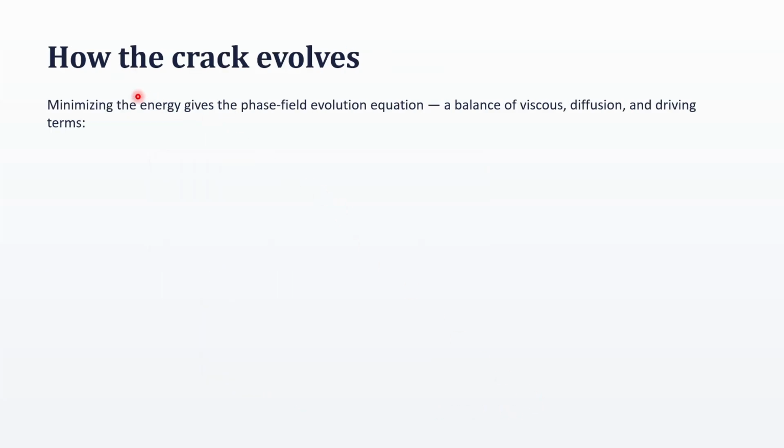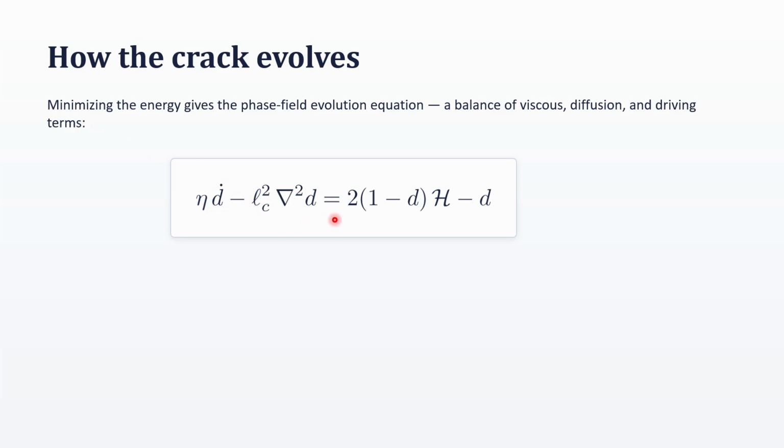Now, how does the crack evolve? The crack evolves by minimizing the energy, which gives the phase field evolution equation, a balance of viscous, diffusion and driving terms. This is the governing equation of the phase field model. If you remember correctly, in the previous video I mentioned that we will be talking about dynamic cases, because the GTN model is basically used for simulating high impact experiments and experiments involving very high velocity.